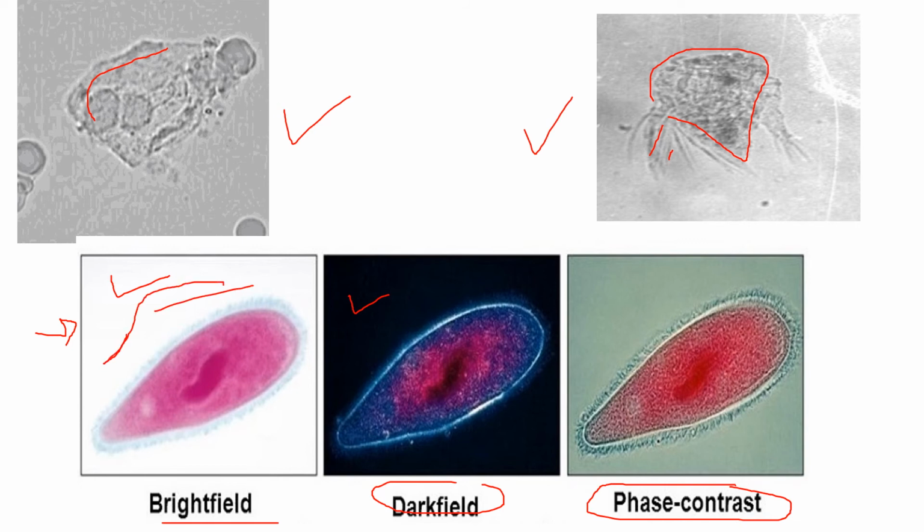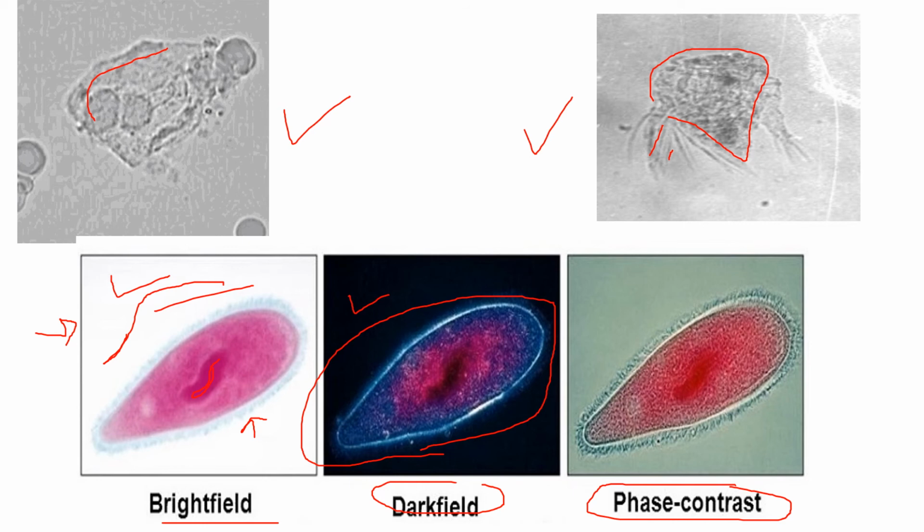Apart from the specimen is your field, which is bright, white in color, and this is your stained specimen. Again, you can see the shape, some flagella over here, and you can see the nucleus, but the things are not that clear. In dark field, you can easily make out that there's a specimen, and it's much clearer.